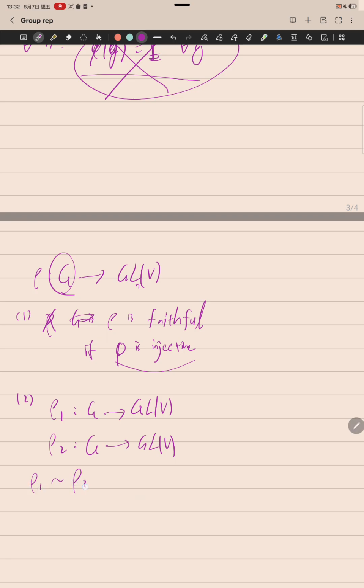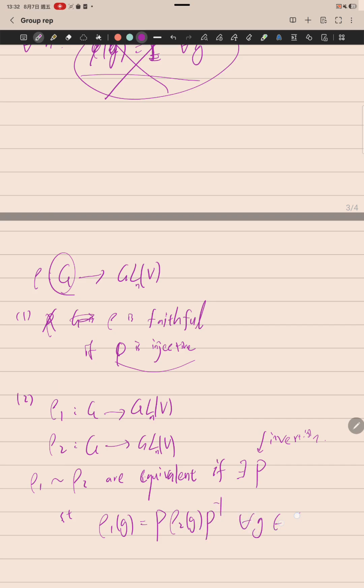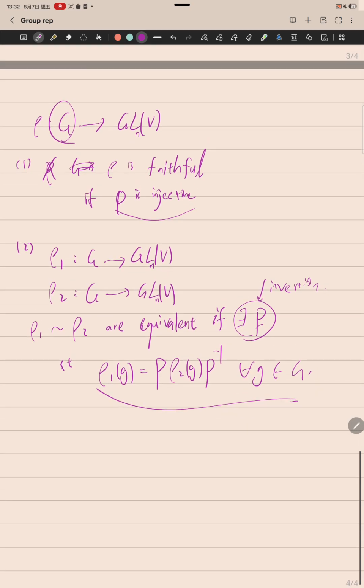So rho 1 and rho 2 are equivalent if there is an invertible matrix P, let's say n-dimensional, such that rho 1 of G equals P rho 2 of G P inverse for any G. So basically, if you can find a change of basis such that every matrix is changed by that basis, then obviously they should be viewed as equivalent.